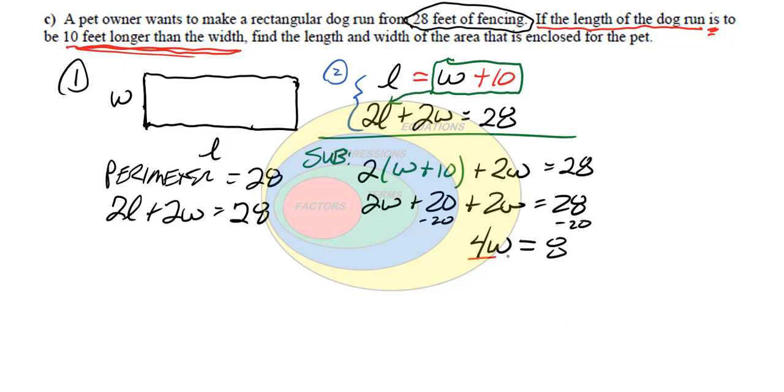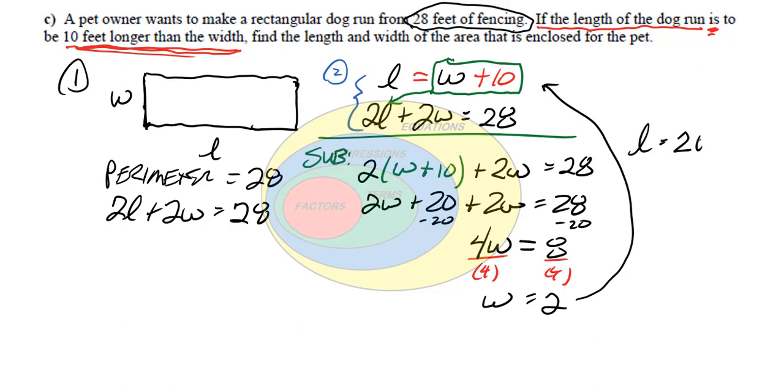Dividing by 4, we get W equals 2. If we back substitute, we get L equals 2 plus 10, or L equals 12. So I'm just going to come back here to the answer.